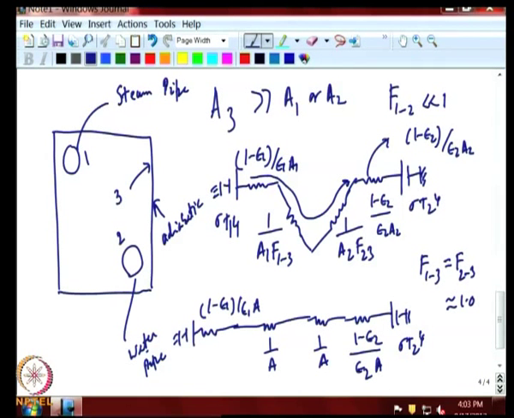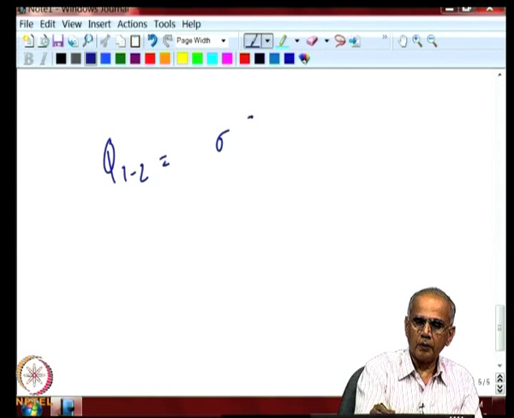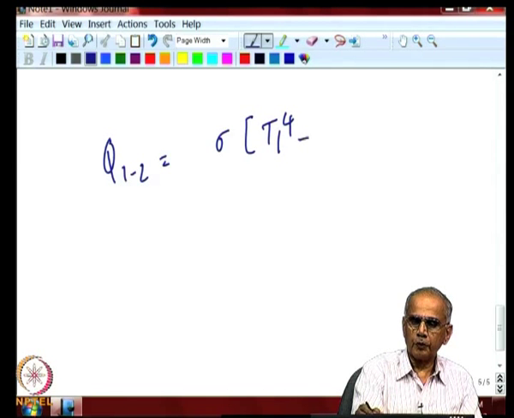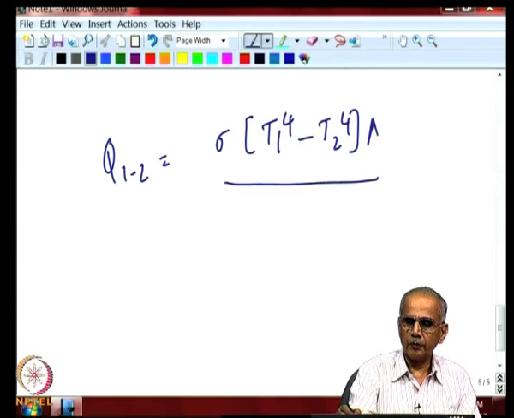So, you can easily check that these will cancel out, this 1 over A will cancel minus 1 over A here and so on. So, we have a very simple expression for the radiation between two pipes, which will be Q1 to 2 equal to sigma T1 to the power of 4 minus T2 to the power of 4 into the area of the pipes, which is the same.